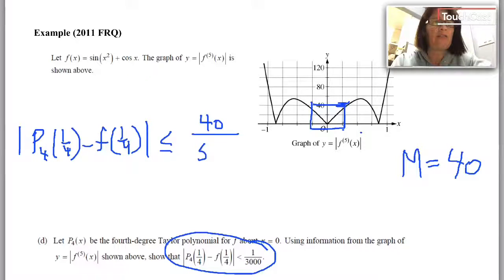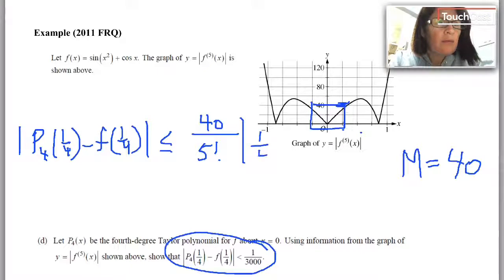So it's going to be 5 factorial times, that's a parenthesis. Well, actually it's supposed to be absolute value bars. This is going to be 1/4 to the fifth.